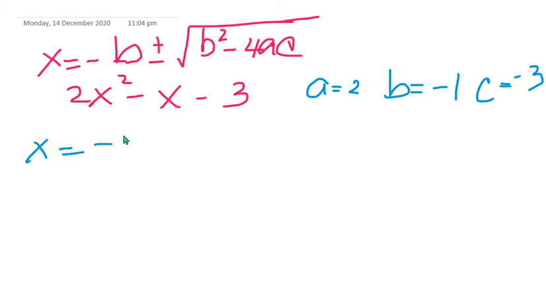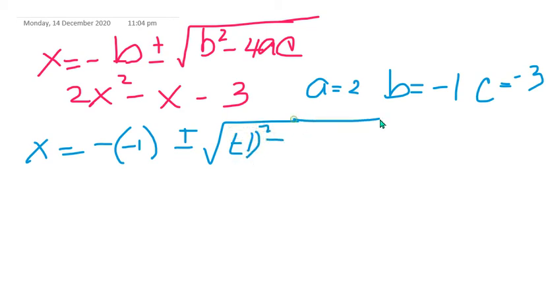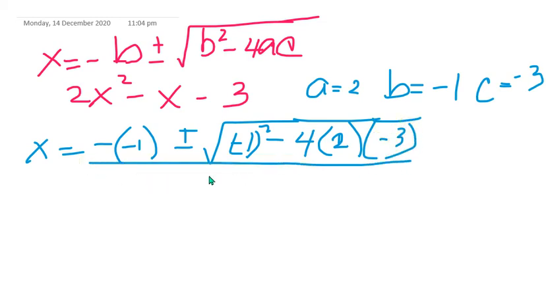Negative b is negative negative 1, plus or minus the square root of b, negative 1 squared, minus 4 times a, which is 2, and c is equal to negative 3, over 2 times 2.